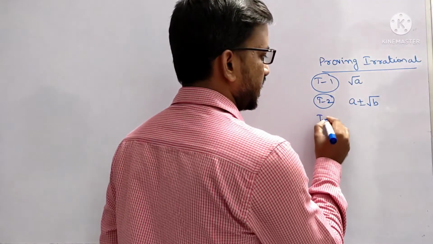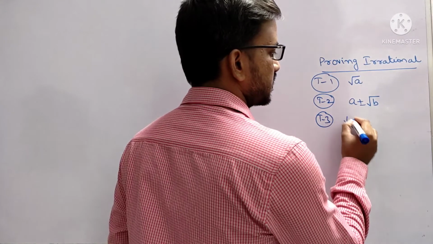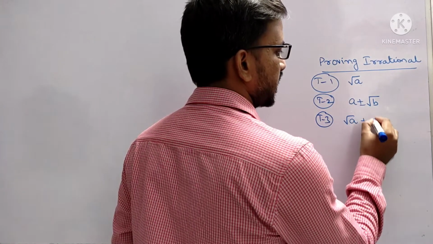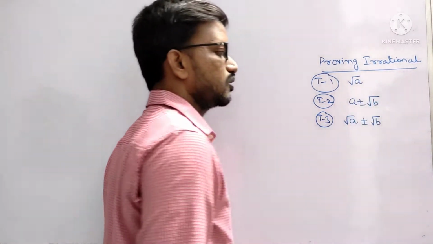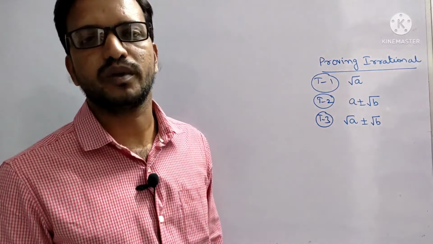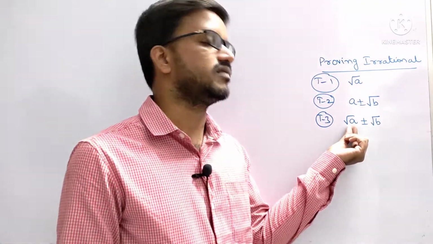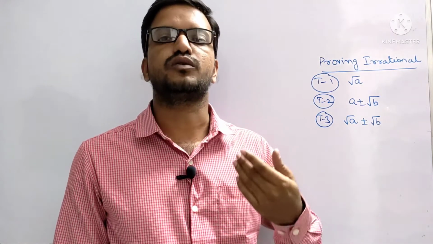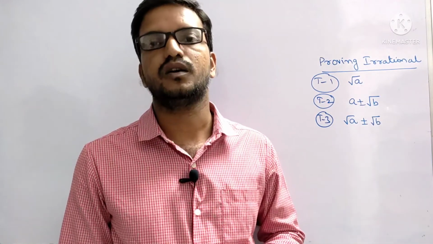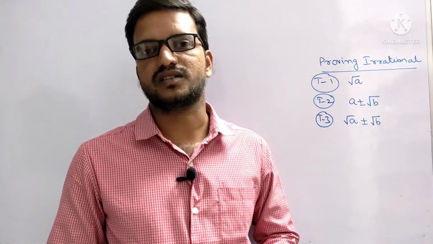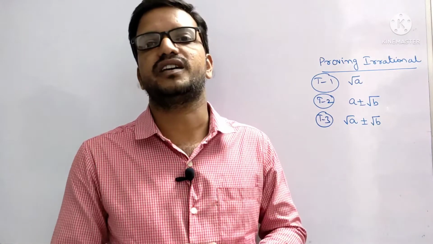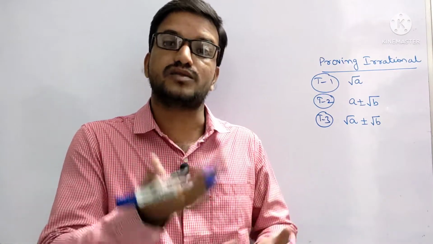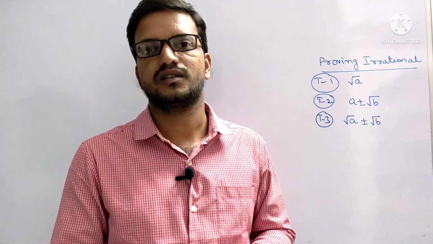And type 3 is root A plus or minus root B form, which consists of 2 irrationals. So examples we can take: prove that root 2 plus root 3 is an irrational, root 3 plus root 5 is an irrational, or root 2 plus root 5 is an irrational, or root 2 minus root 5 is an irrational.